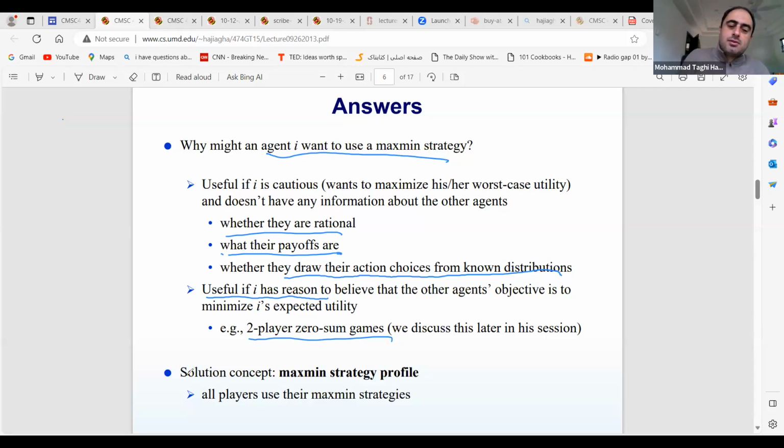And we always have this solution concept: what is the Maximin strategy profile? This is a vector of them. Again, all players are using their Maximin strategy. So essentially, it's a strategy profile that, for example, if we have two players, this is the first thing, and this is the second, where a star generally means optimal, or the best choice.